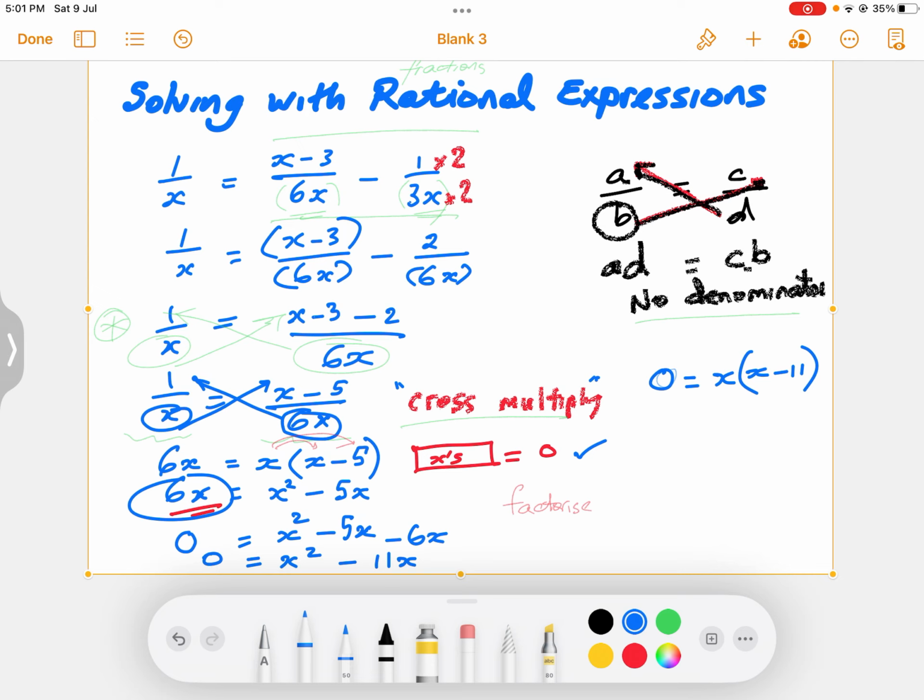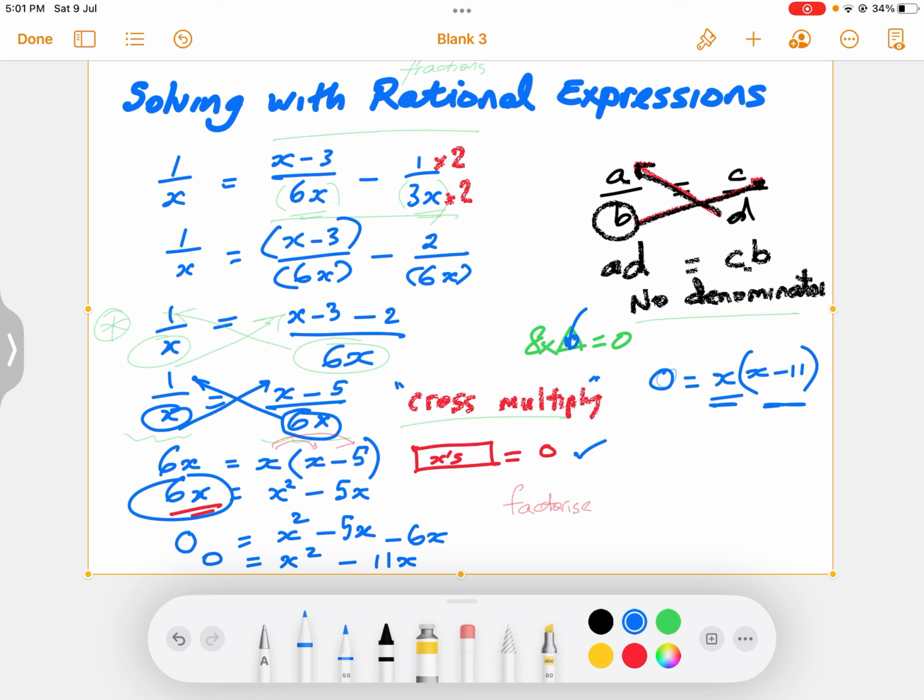We've got a situation where 0 is equal to a product of two factors. So one of these factors must be 0 to equal 0. Remember, if 8 times something equals 0, this has to be a 0 because 8 times 0 equals 0. You've got to have a 0 to equal 0.